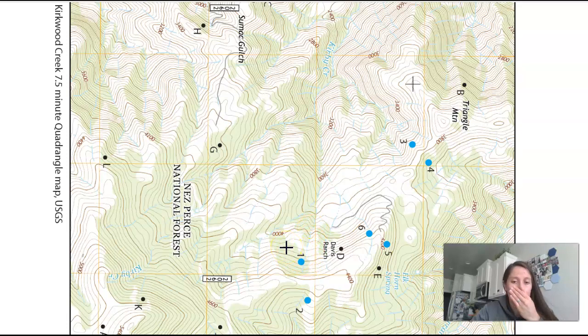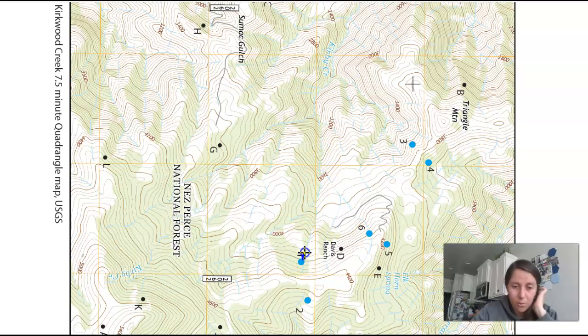So again, how do you know what's uphill, what's downhill? You look at these contour intervals. So for example, this one is 4,600 and this one right here is only 4,000. So that means that this is lower. So the further west that you go, the lower the elevation gets in this particular part of the map. So again, water moves from uphill to downhill.